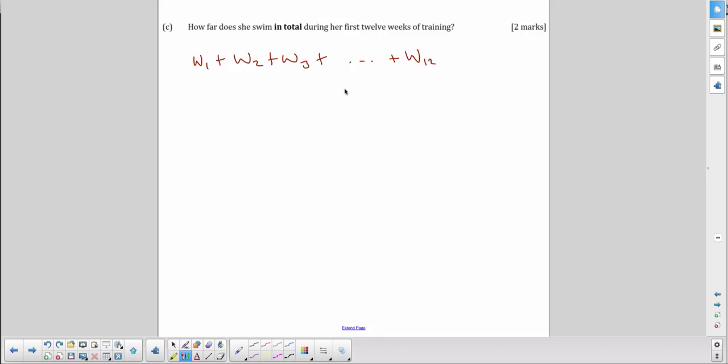Now since we have a geometric progression, we know the summation formula is this one. Now we simply need to identify our values. The first term is 500, common ratio is 1.1 and the number of terms we're adding is 12, so let's go ahead and plug those in.